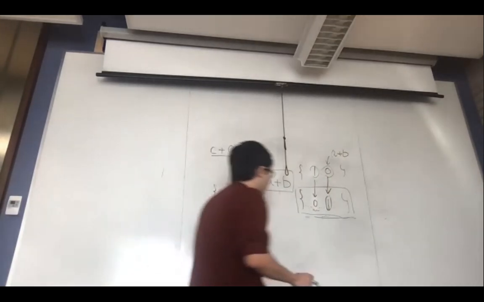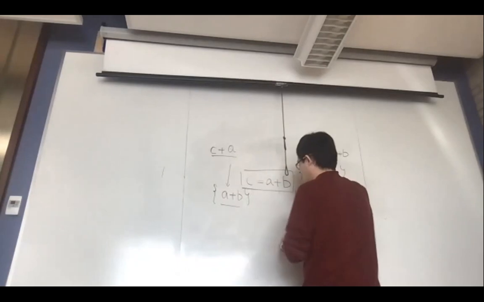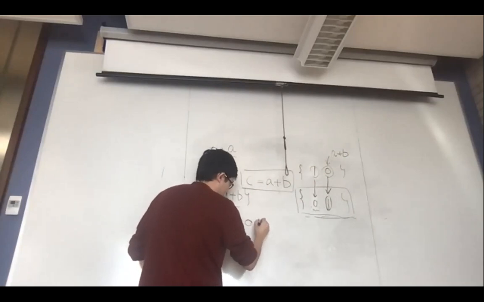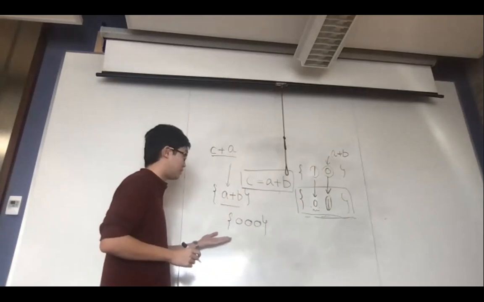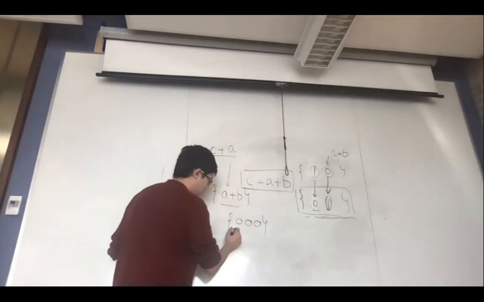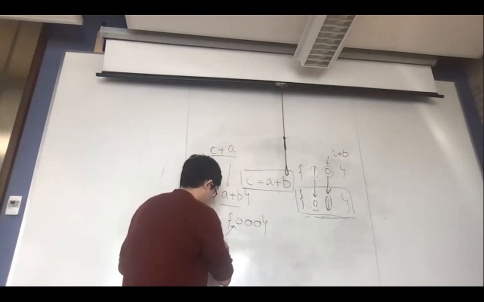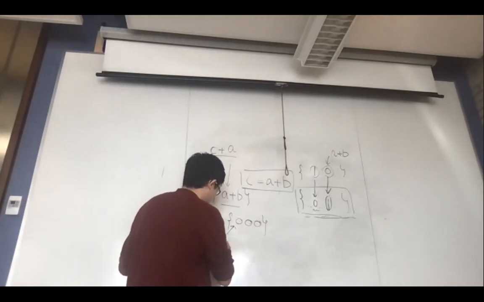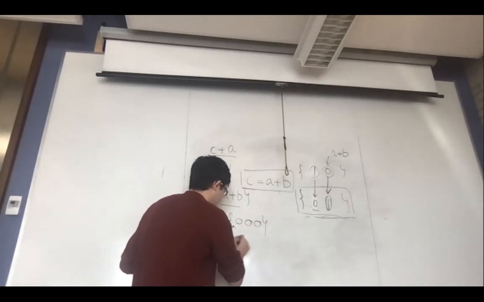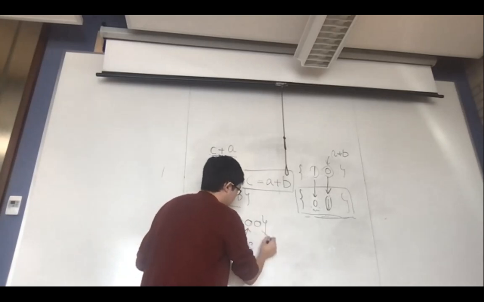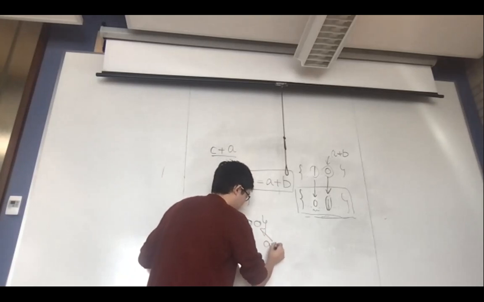As an example here, assume that we have this 3-bit vector 0, 0, 0. Assume that the first 0 denotes expression A plus B. The second 0 denotes expression B plus C. The third 0 denotes expression A plus C.